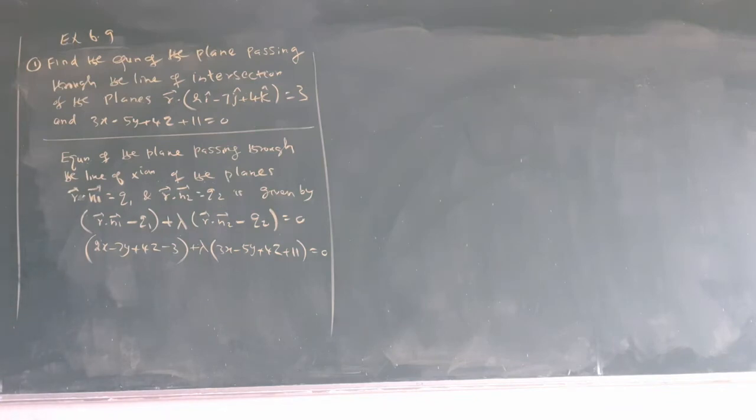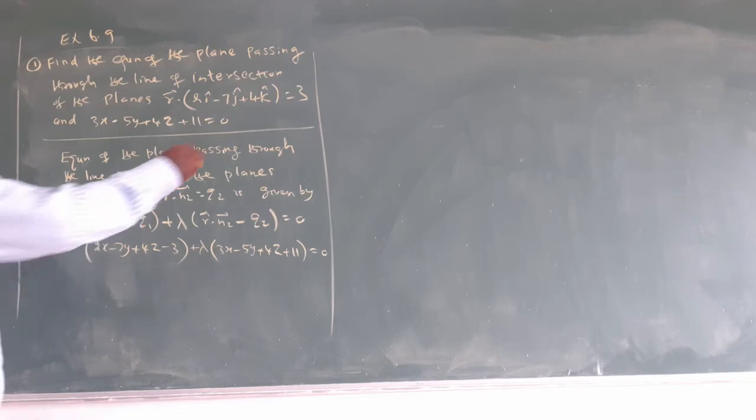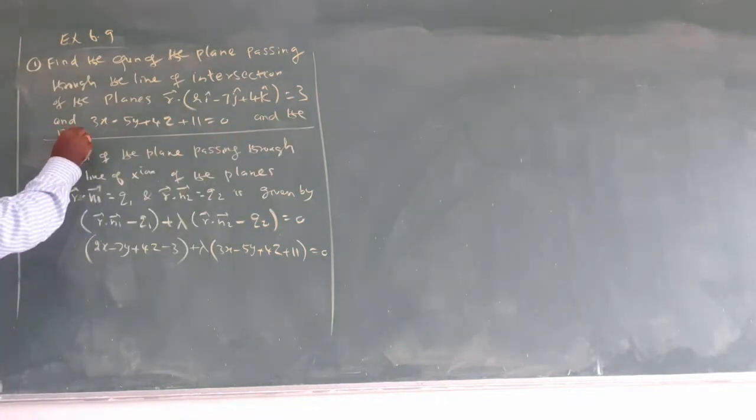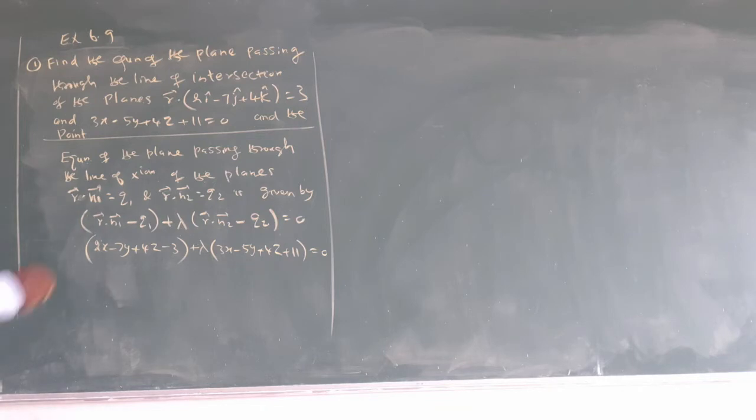lambda, we use the point, and the point is already given in the question itself. What is the point? Minus 2 comma 1 comma 3.